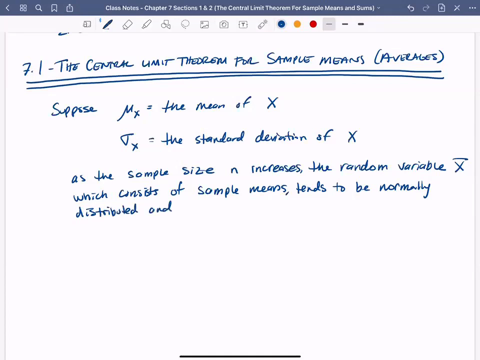So we would say x bar is normally distributed, and we're going to write mu sub x. Now, instead of just writing sigma sub x, because we're looking at the central limit theorem and we're talking about sample size now, we don't know quite if it is normally distributed. This is what we're approximating it to be. We have to take the standard deviation and divide it by the square root of our sample size.